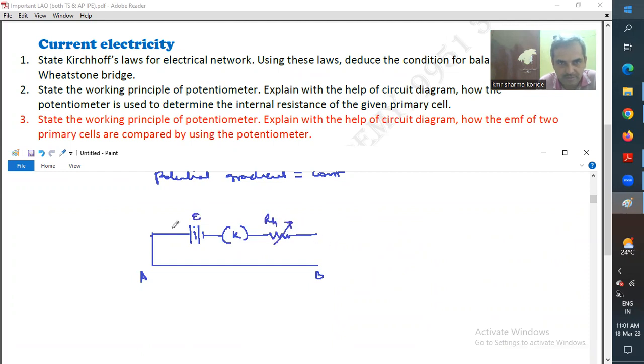This is the battery of EMF E, with positive terminal and negative terminal, connected to end B. Here is the secondary circuit, which has 2 cells with EMF E1 and E2. These are connected in parallel. You can take a gap 1 and 2 here.